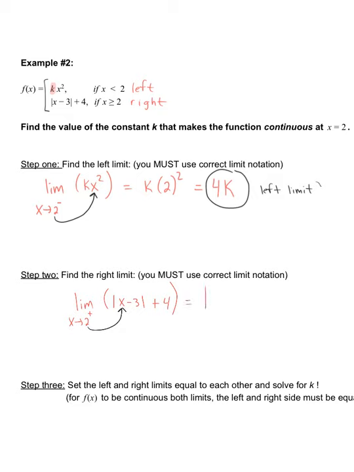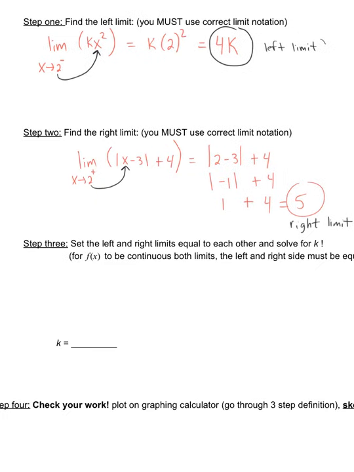The absolute value of 2 minus 3 plus 4. All right, so the absolute value of 2 minus 3, it's the absolute value of negative 1 plus 4. The absolute value of negative 1, of course, is positive 1 because absolute value makes everything positive. So 1 plus 4 is equal to 5. So 5 is my right limit.